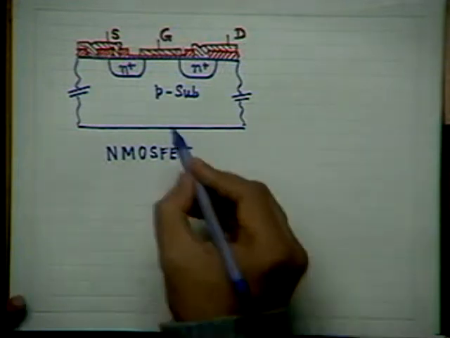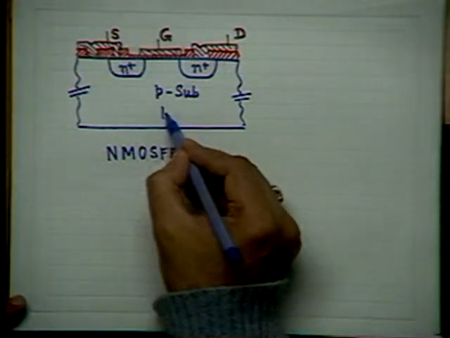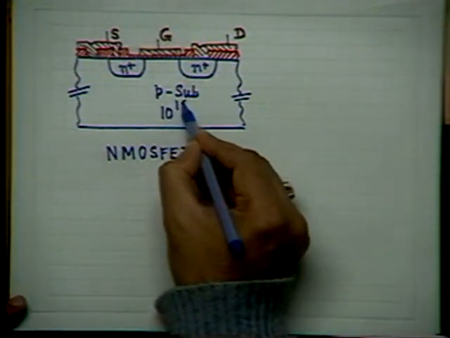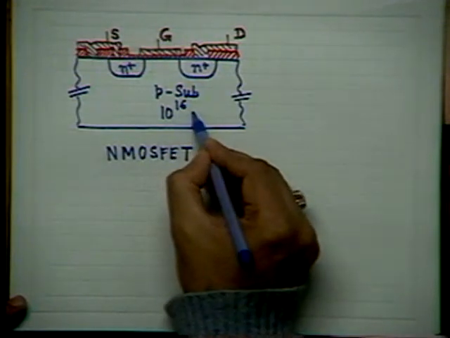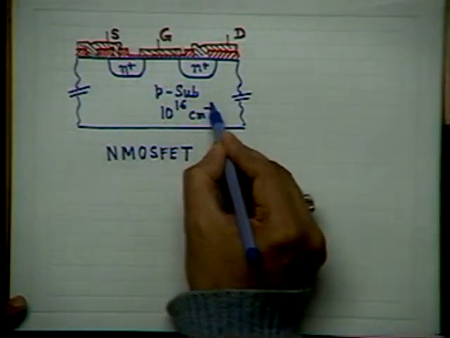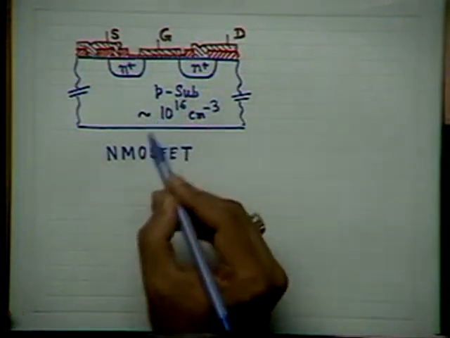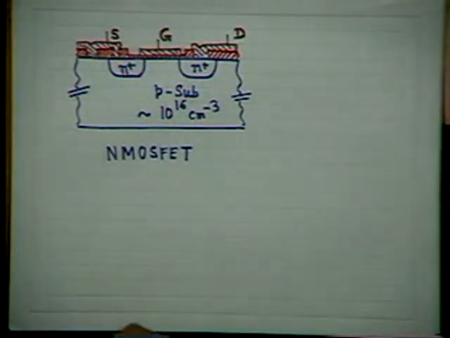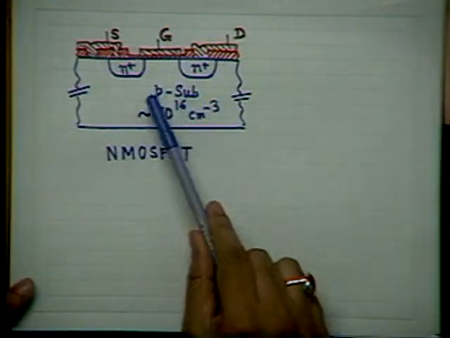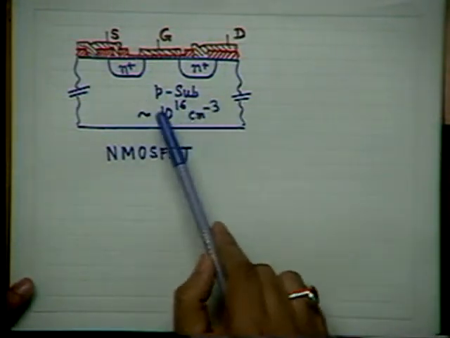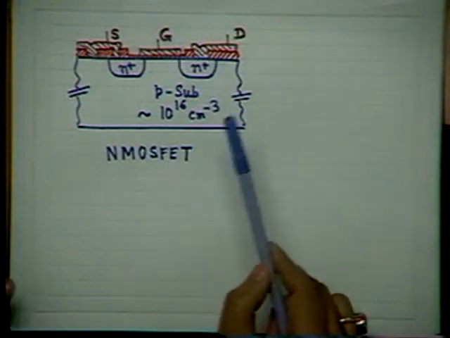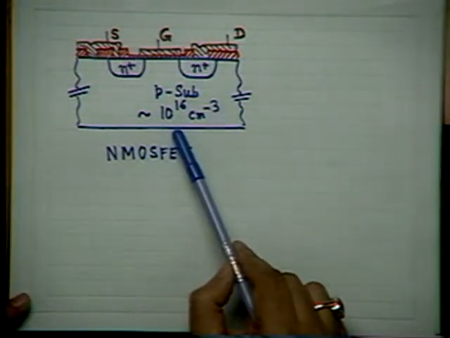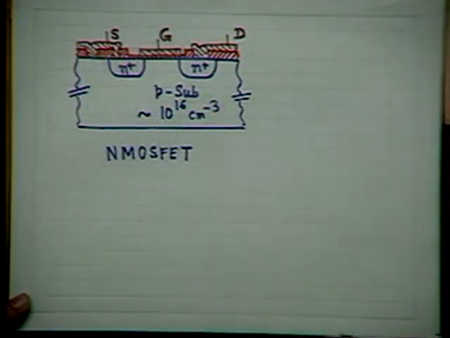The concentration of this substrate is typically around 10 to the power 16 holes per centimeter cube. The dopant is usually boron. The substrate is a boron doped silicon wafer with a doping concentration of the order of 10 to the power 16 per centimeter cube.